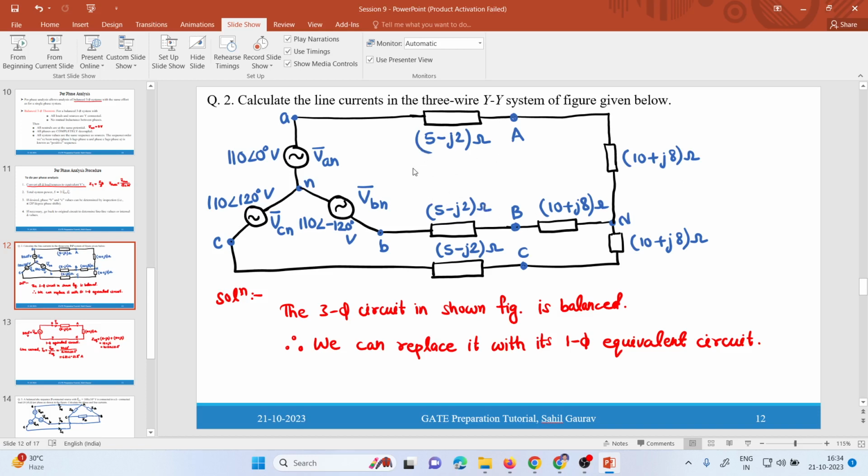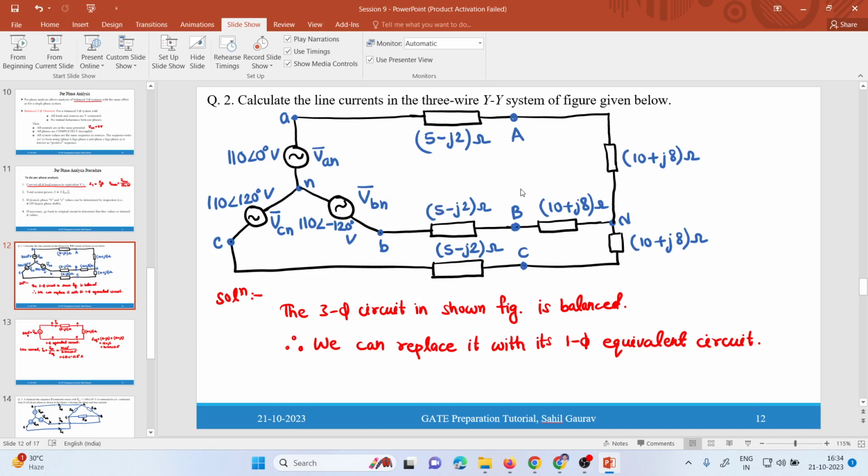If the problem says the line impedance is 5 minus J2 ohm, then you have to assume it is given per phase, not the summation of all the phases. So don't get confused. In problems, impedance is always given per phase.